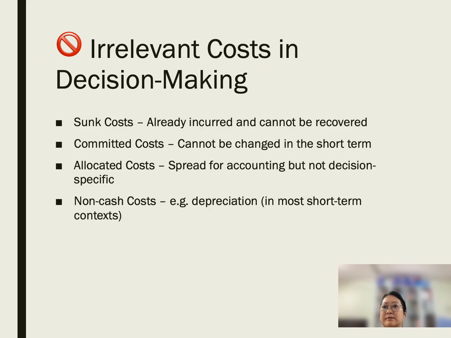Allocated costs are also not considered in relevant costing because they spread across departments but are not decision specific. Lastly, non-cash costs such as depreciation, which usually have no cash impact in short-term decision making.